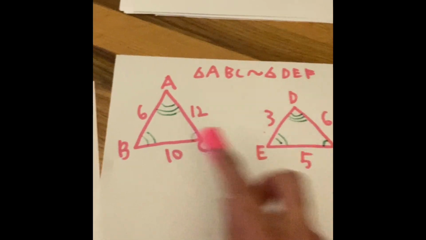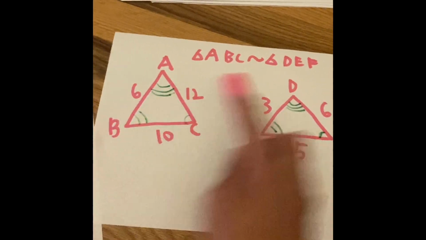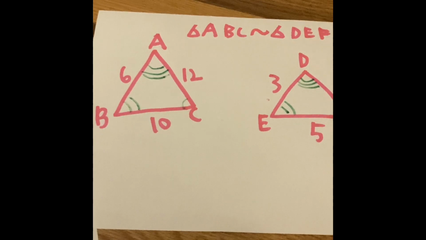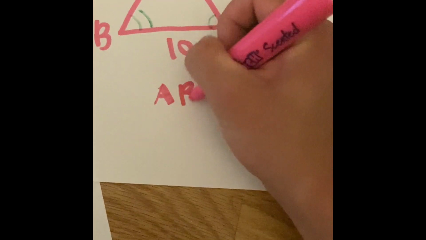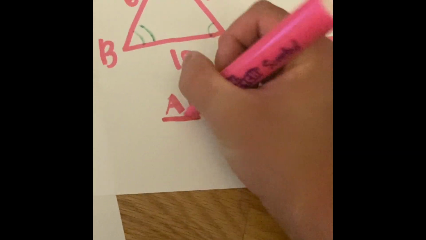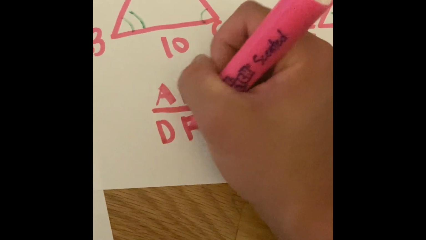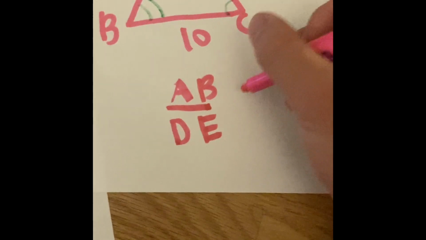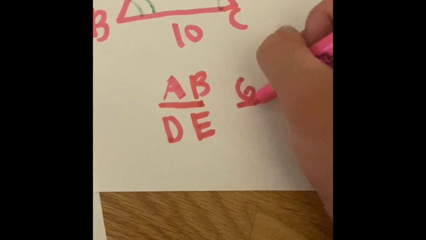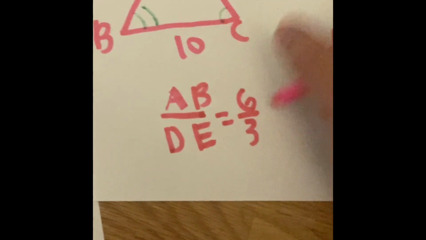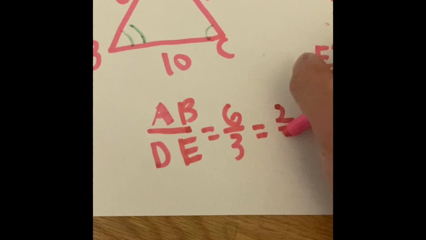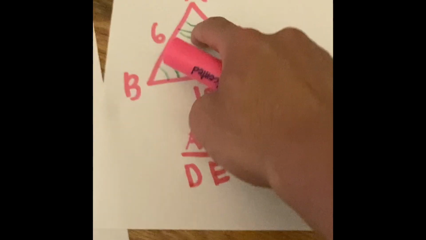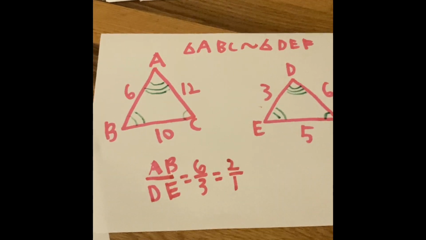Let's label A and B as a segment, D and E. So what we're going to say is AB is going to be divided by DE. And that is going to say 6 divided by 3 is going to equal 2 over 1. So we're going to say the bigger shape is 2 times the size of the smaller shape. And that is going to be similar.